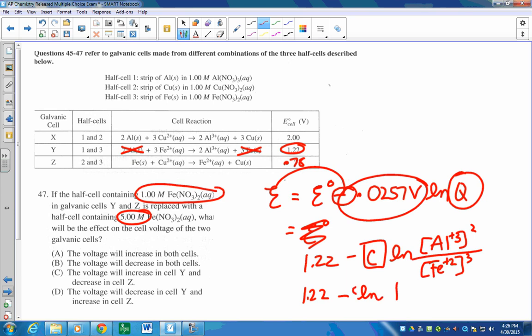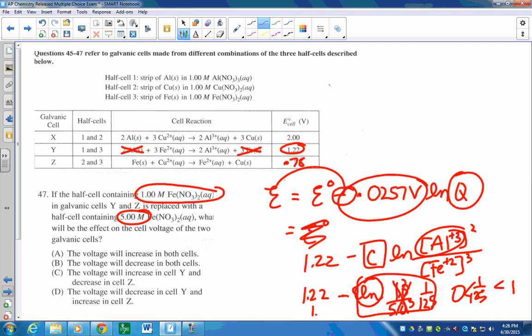This is 1, so this is still 1. And now this has got 5, and last time I checked, 1 squared is 1 and 5 cubed is 125. The natural log of a number between 0 and 1 is negative, and 1/125 is between 0 and 1. So you're going to take 1.22 minus a negative number, and when you do that, the cell voltage actually goes up. So the first thing you got to know is that in cell Y, the voltage goes up.